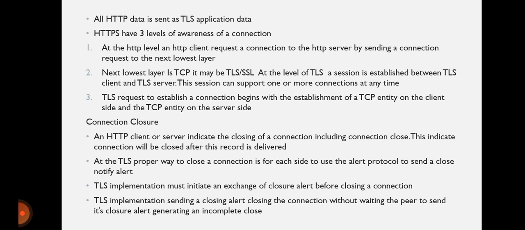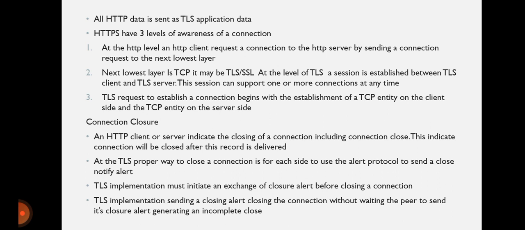Then connection closure: how the connection will close. An HTTP client or server indicates the closing of a connection using connection close. This indicates the connection will be closed after this record is delivered. At the TLS level, the proper way to close a connection is for each side to use the alert protocol to send a close notify alert.